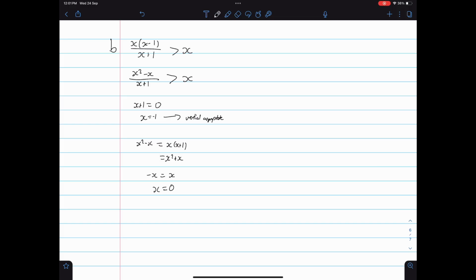So now we have the critical points at minus 1 and 0. So let's say x equals minus 1, x is less than minus 1, x is between minus 1 and 0, x equals 0, and x is greater than 0.